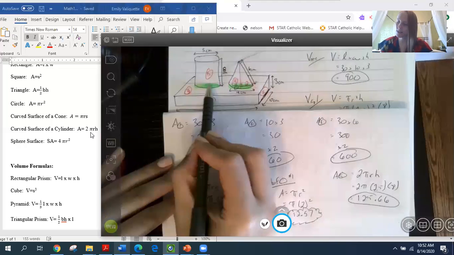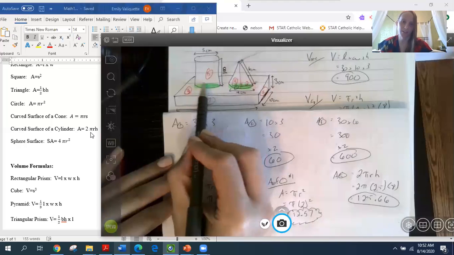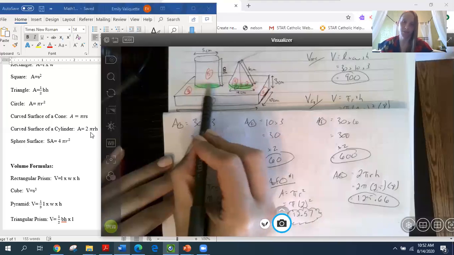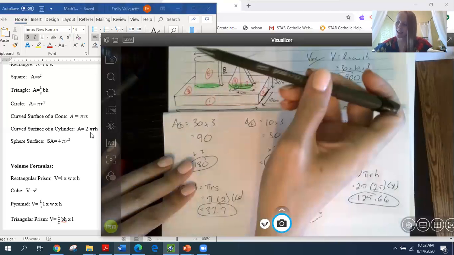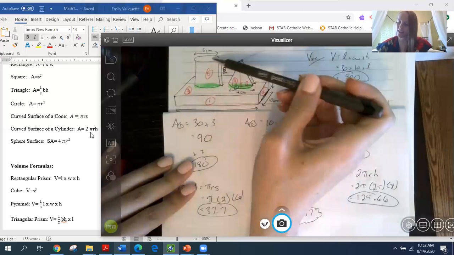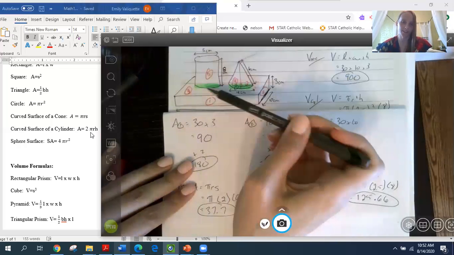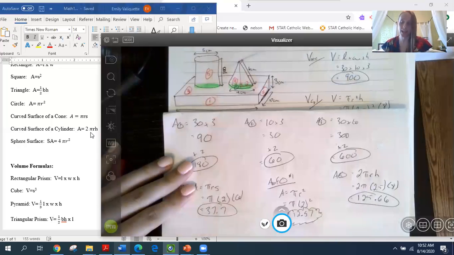And you could also calculate the area of the bottom face, which would be an area of overlap, and it would be subtracted from the total surface area. But because in a cylinder like this, the area of the top face and the area of the bottom face are the same, they're going to cancel out.